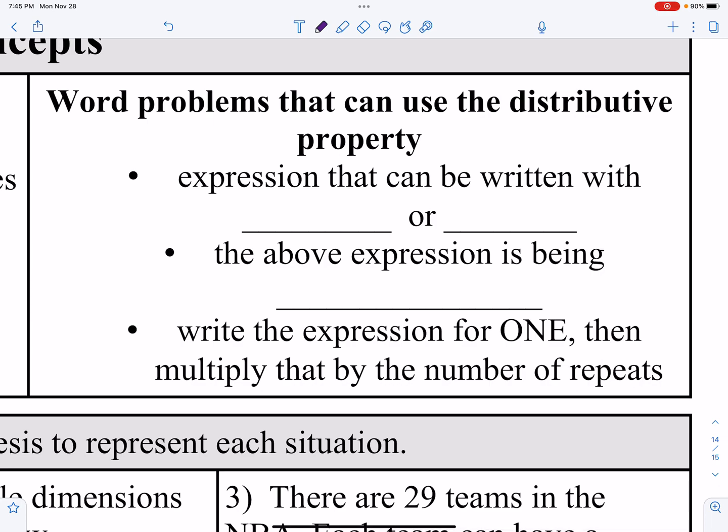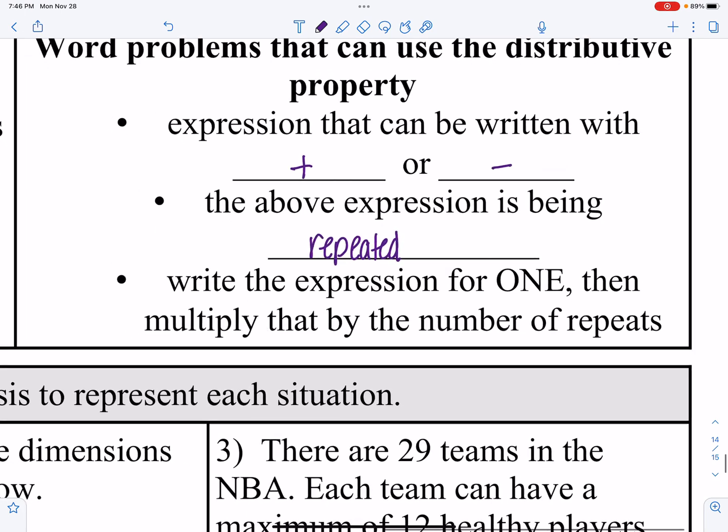So word problems that can use the distributive property. These are expressions that can be written with addition or subtraction. So we're either having a situation where we're joining or taking away. And that particular expression is being repeated multiple times, basically meaning we have that situation 4 times, 5 times, 6 times, so that we can actually be distributing something from the outside.